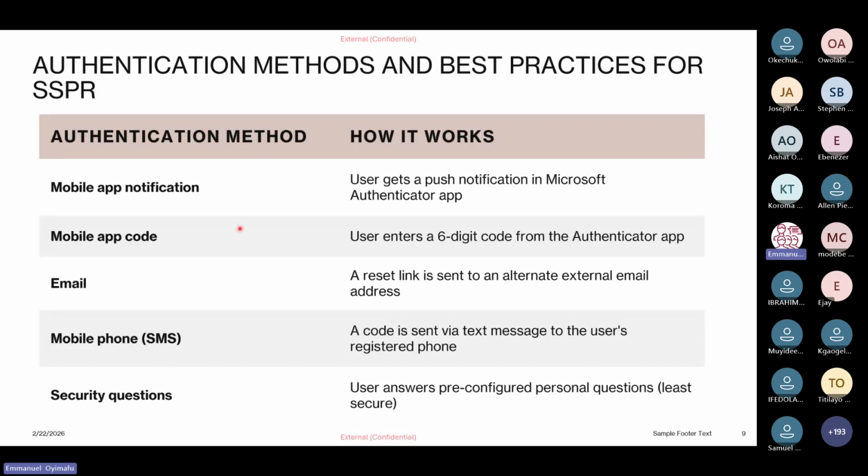If I say yes, they will say a code has been sent to that phone number. The reason Gmail does that is because they want to know if it is the right person that owns the account that wants to reset the password. Sometimes, even after you enter the code from the phone, they will tell you there's another email: access this email and get this code. Why are they doing all those things? It's because they want to confirm that the person trying to reset that password is the right person. So the same thing works with SSPR.